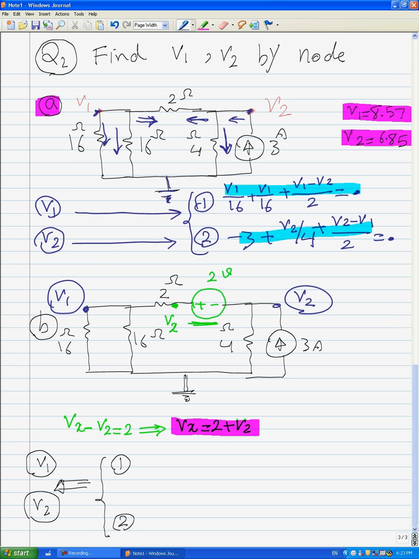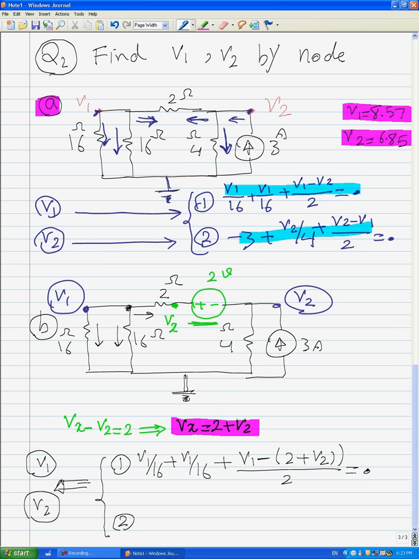We have ground here. That's why this current and this current: V1 over 16 plus V1 over 16 plus V1 minus Vx. Instead of Vx, we have 2 plus V2. V1 minus 2 plus V2 over 2 is equal to 0.